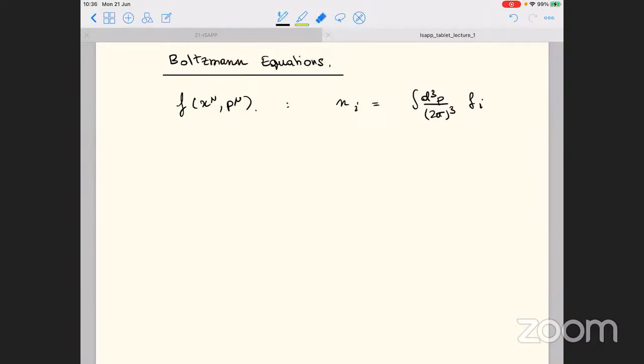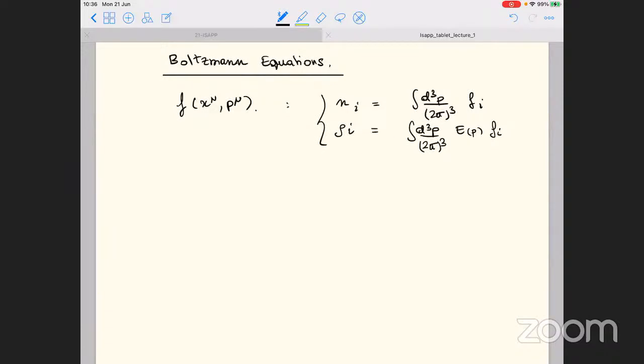This is the convention I use, in case you have questions compared to other textbooks. Also, remember that the energy density of this particle will be the integral of d3p over 2 pi cubed times the energy of the particle, which depends on the momenta, times the distribution function of this species.